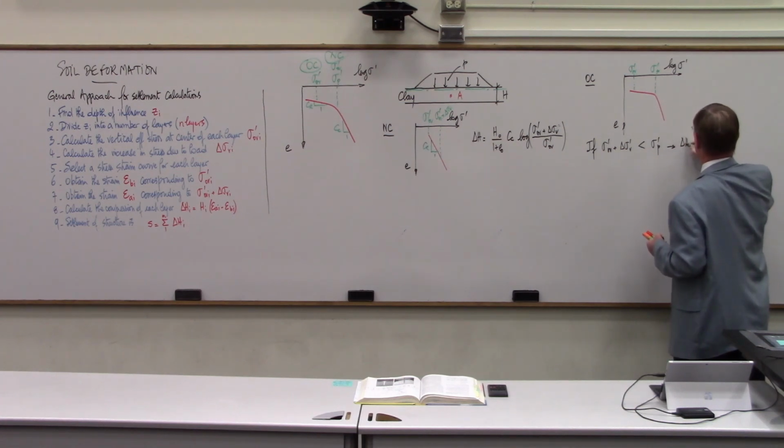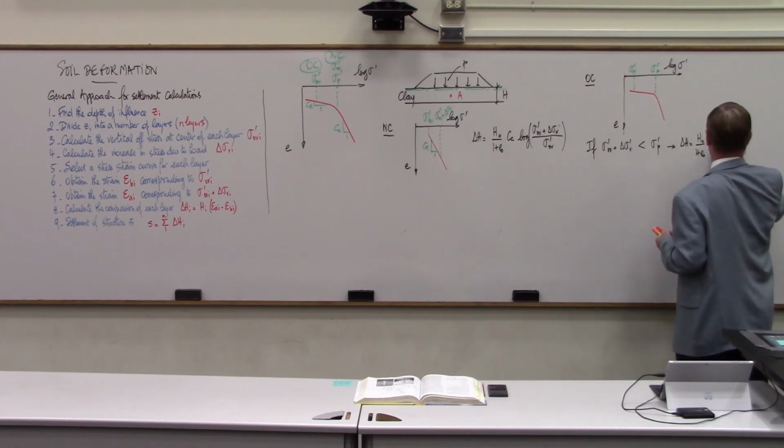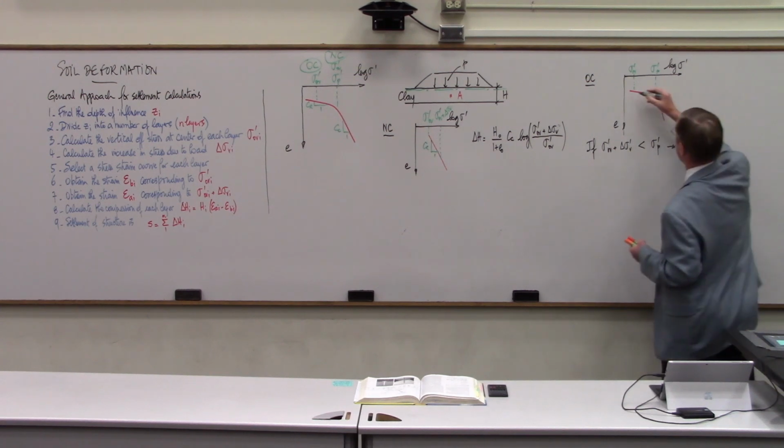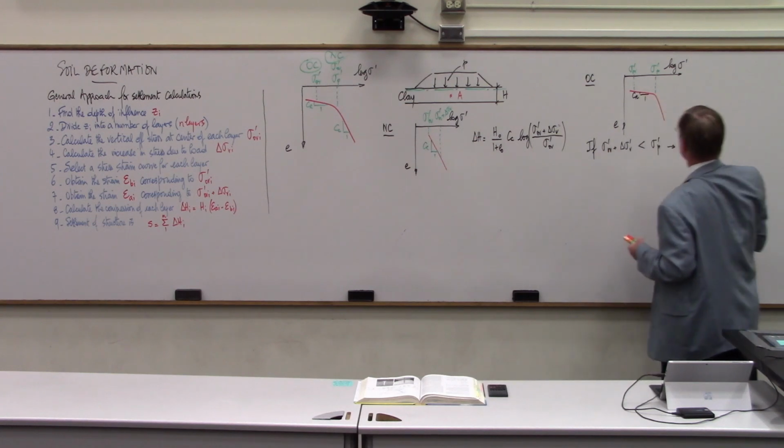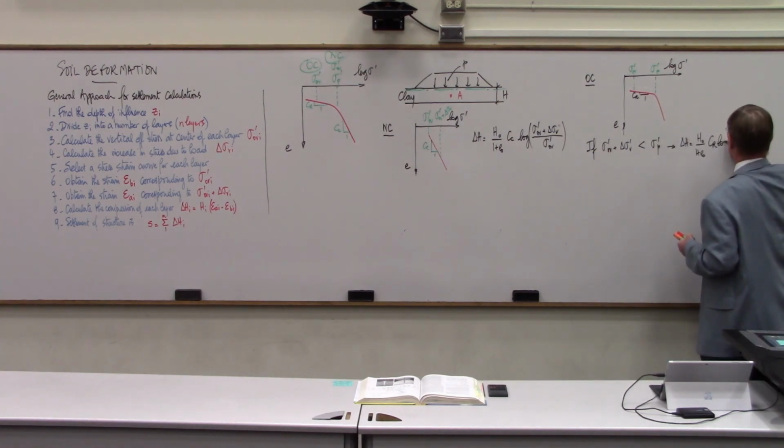then the equation is delta H is equal to H0 over 1 plus E0 times C sub R this time, because we're right here on the C sub R. C sub R log of sigma prime OV plus delta sigma V divided by sigma prime OV.